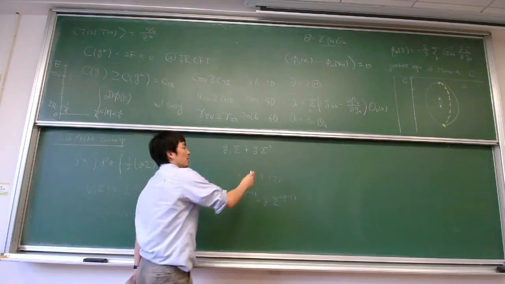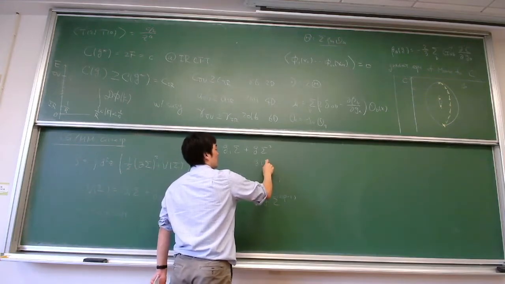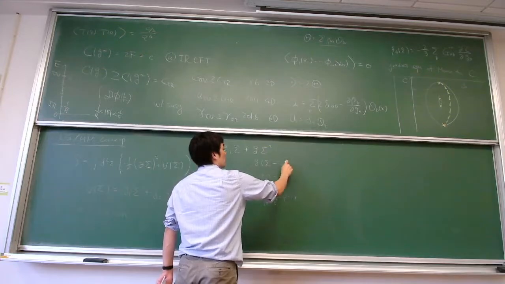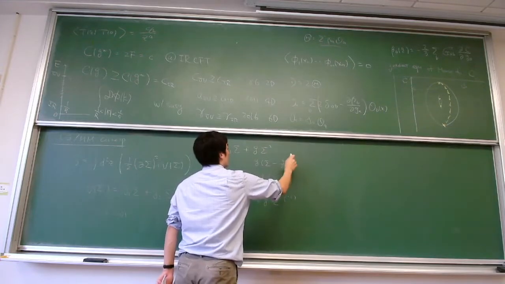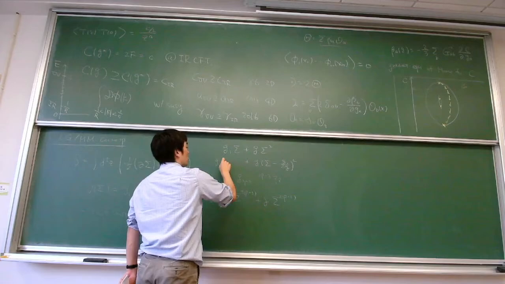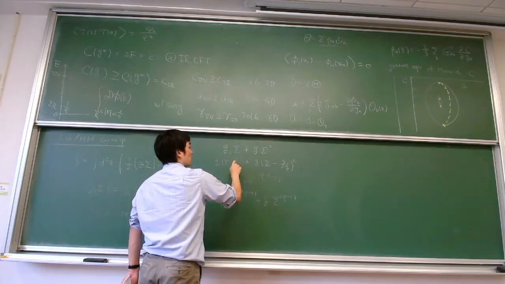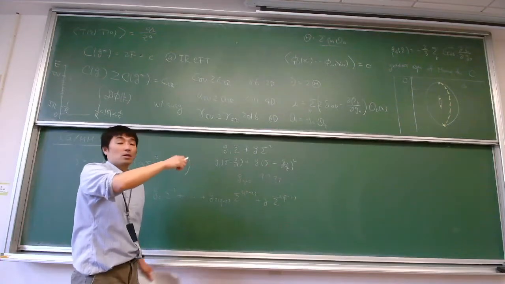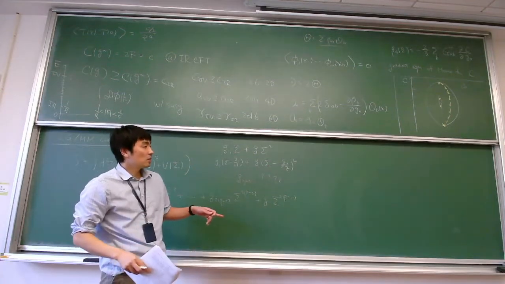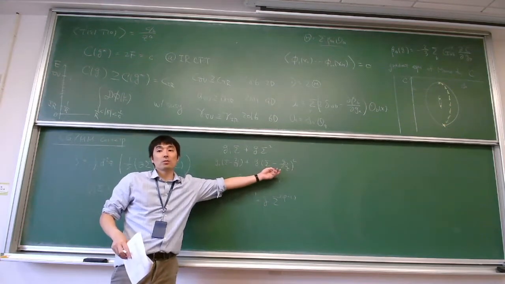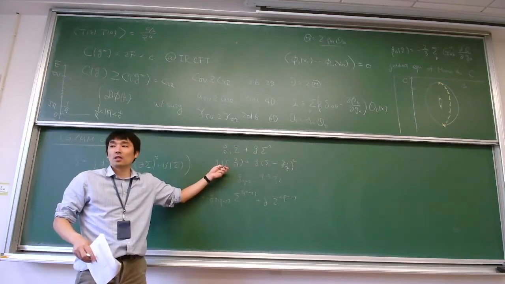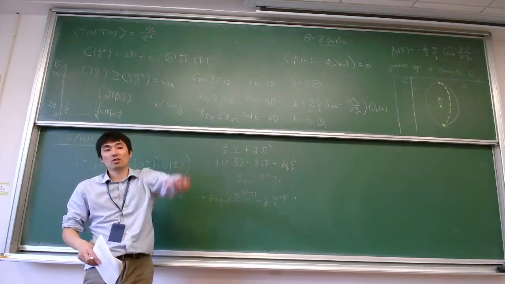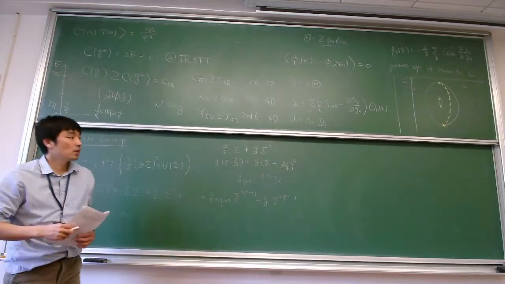But if you shift sigma like this way, sigma minus g1 over 2g, this term will go, right? Just look at the cross term of this one, it cancels with this one. And the constant shift of the potential doesn't matter.